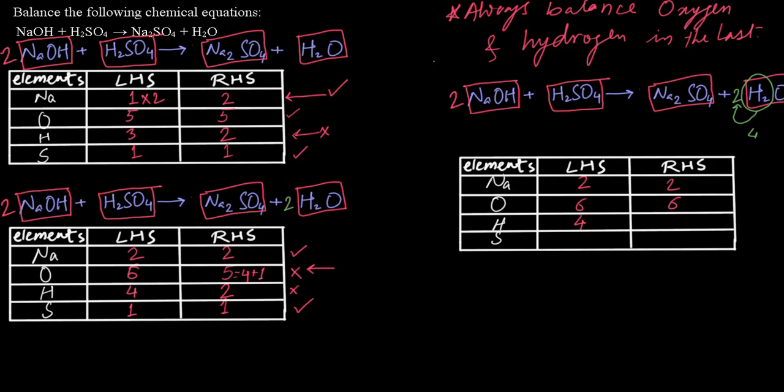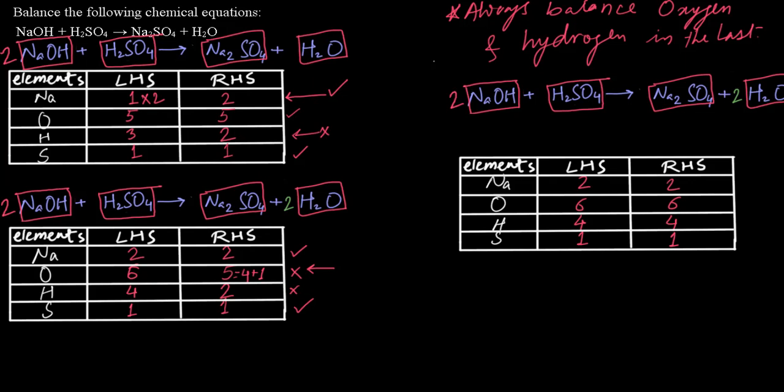H2 means 2 hydrogen atoms, and it is taken twice, which means four atoms of hydrogen. And for sulfur, we have one on the LHS and one on the RHS. So we'll write down 1 and 1.